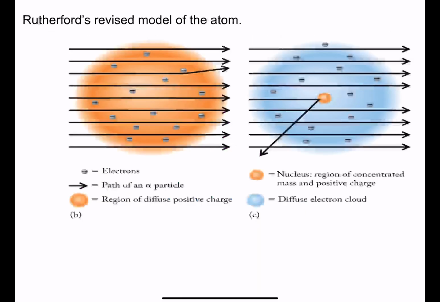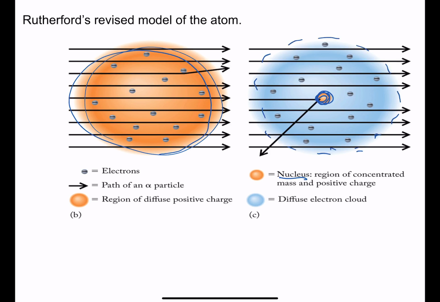So Rutherford's revised model of the atom, instead of the positive charge being diffuse and all around, must be small, densely located in the center of the atom, which he defined as the nucleus, where most of the mass and the positive charges are, and then the electrons are diffusely arranged around it in what we call an electron cloud.